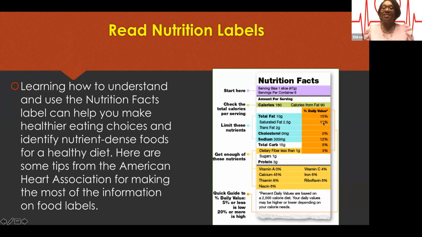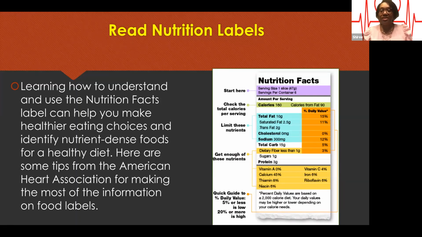So again, I don't know how many of you may have children, but I am definitely working really hard with my teenage daughter on looking at not only nutrition labels when choosing foods, but also on portion control and portion size. The biggest thing I think a lot of people miss with nutrition labels is your serving size.